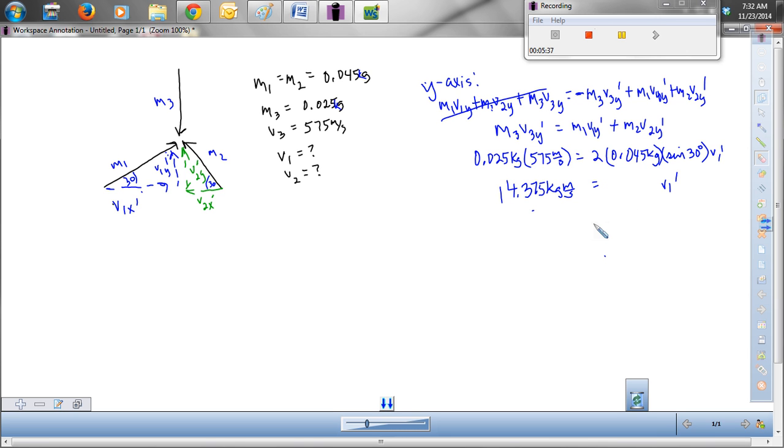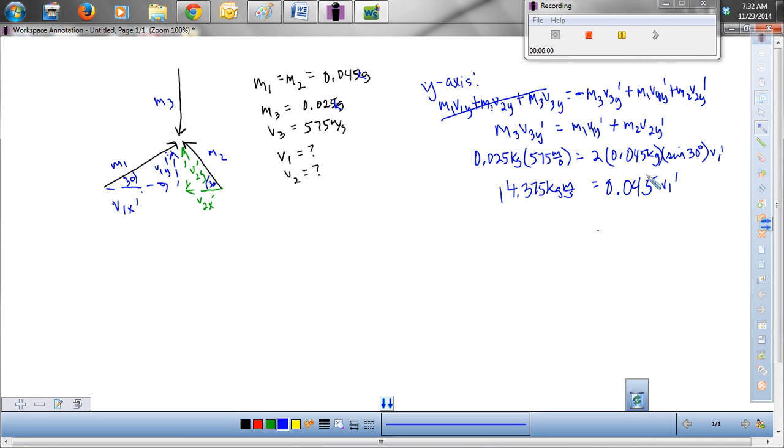Okay, so let's try that again. 2 times 0.045 times the sine of 30, I apologize, gives me 0.045. That makes a little more sense. It didn't make any sense for it to come out the same as the 575 for the first bullet because the masses weren't equal.